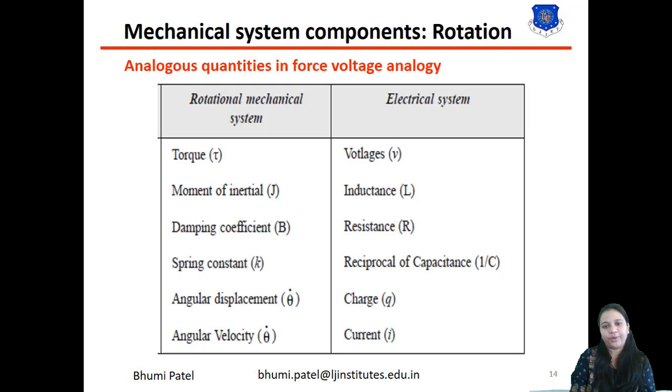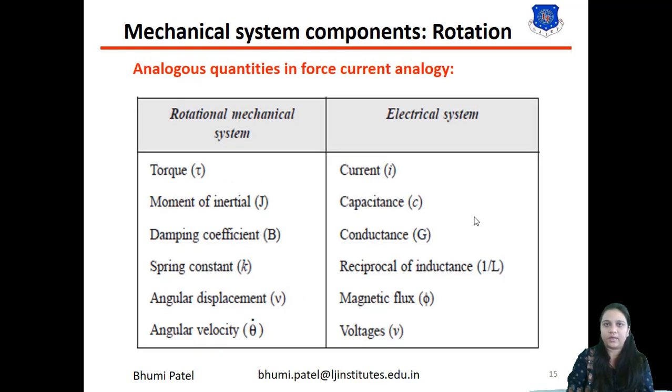The force voltage analogy for rotational motion is: torque is directly equivalent to voltage, moment of inertia J is directly equivalent to inductance, damping coefficient B is directly equivalent to resistance R, spring constant K is directly equivalent to the reciprocal of capacitance, 1 by C, angular displacement theta is directly equivalent to charge Q, and angular velocity theta dot is directly equivalent to current I. Next, the analogous quantities for the force current analogy, same as force voltage.